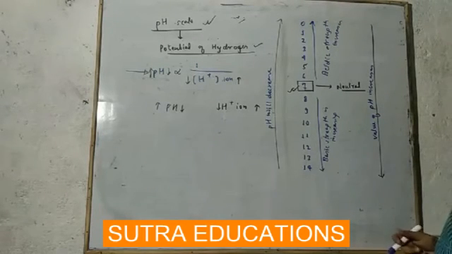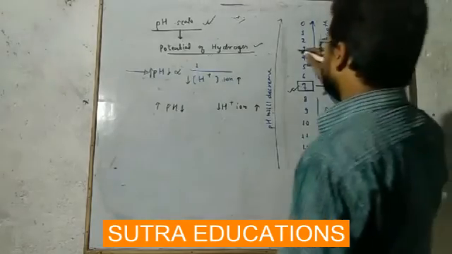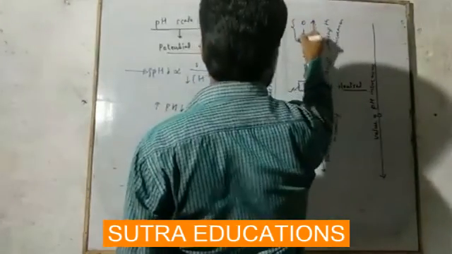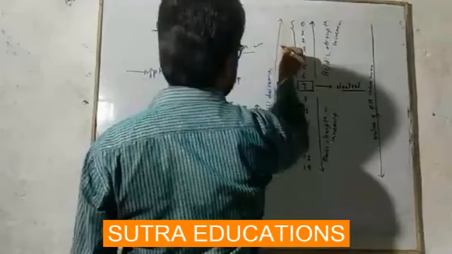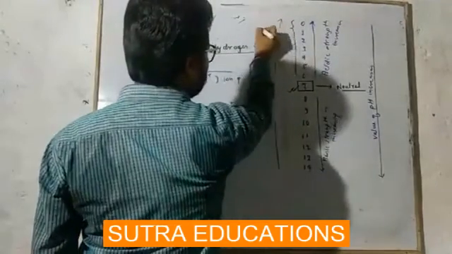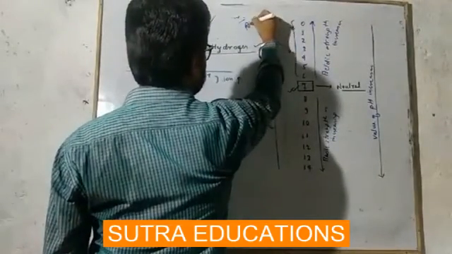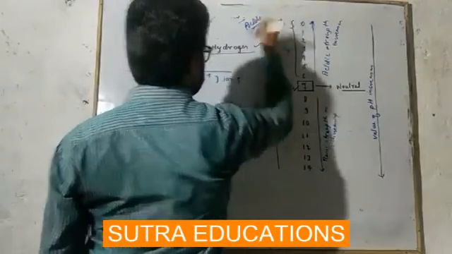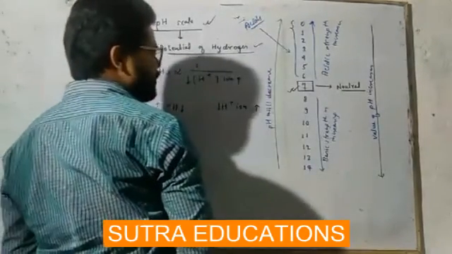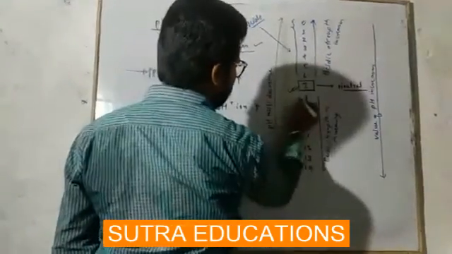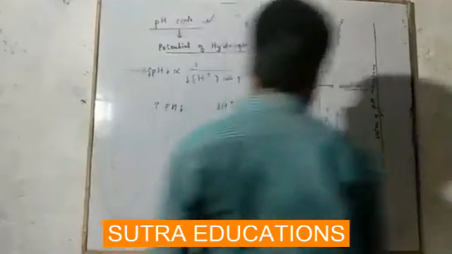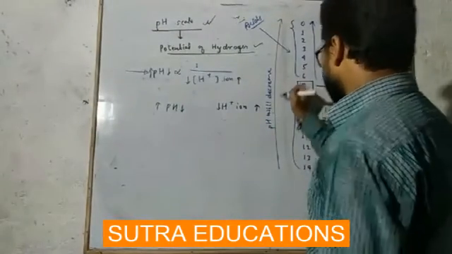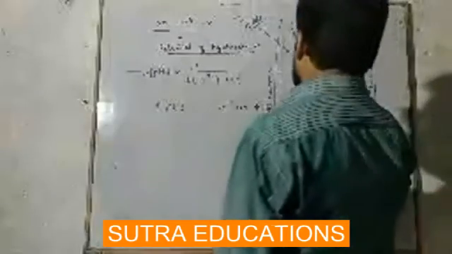So from 0 to 6 it indicates acid. From 8 to 14 it is base.